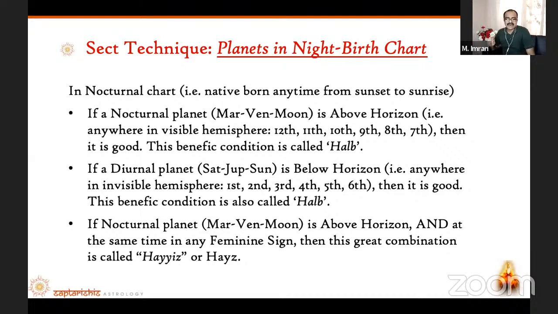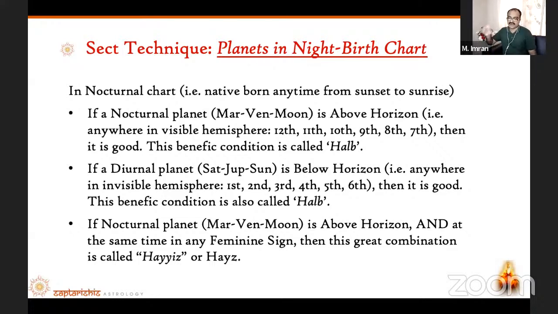What is a nocturnal planet? Mars, Venus, Moon. Any of the three, any two, or all three. If they are above the horizon, meaning the visible sky, in the 12th house, 11th house, 10th house, 9th house, part of the 7th, then this is good, and this good condition is called Halb.